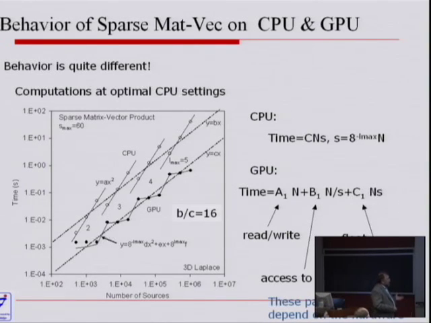Instead of what we have on CPU, this time is proportional to the number of particles, which is read-write operations, plus access to box data, which is the number of boxes, n over s. And finally, that is just float computation. So for CPU we have just float computation, but on GPU a substantial overhead is created because of random access to box data.